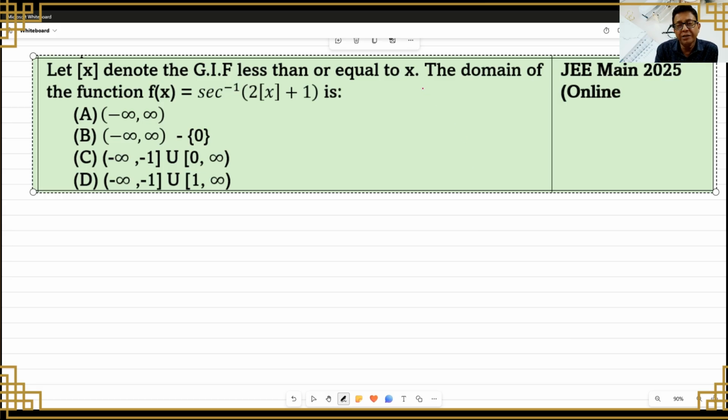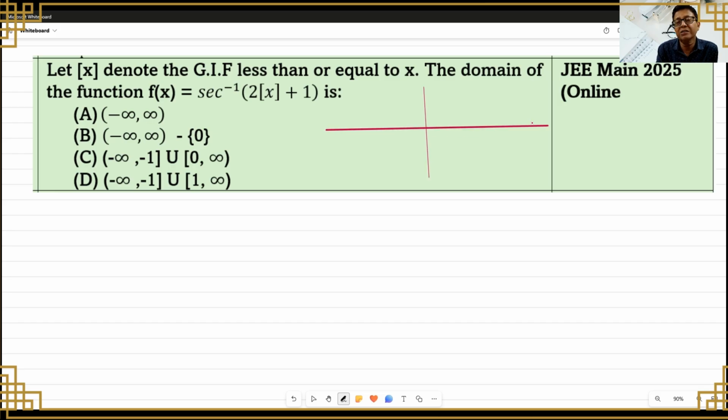I can just remind you the graphical portion which can help you to solve this sum. So this one, if we try to plot, it's like this. These are all integral points. Function was discontinuous, isn't it?